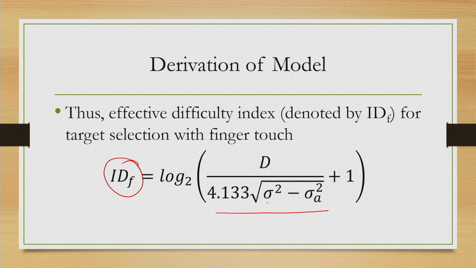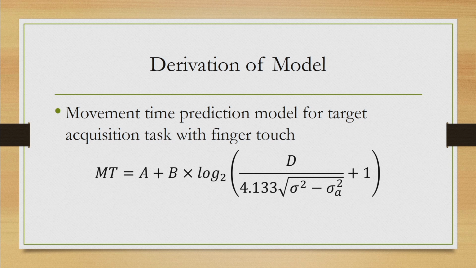So, instead of sigma_r, we are using sigma and sigma_a, and once we have this, then we can go for the overall model, which is the movement time prediction model in the form of Fitts law, but here instead of W, or the target width, we are using this term 4.133 times the square root of sigma squared minus sigma_a squared, where sigma is the standard deviation for the overall touch point distributions and sigma_a is the standard deviation for the touch point distributions that happen due to absolute precision.